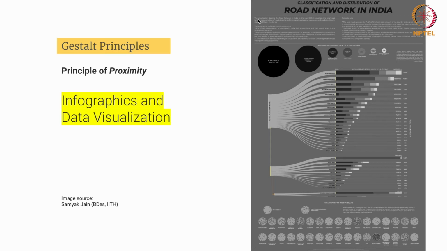Here the title of this infographic and the overall brief about the information has been considered in the upper segment, and gradually this portion where you see the circles is a set of representation, so you will automatically group this in one segment. And this is again helping you to address how we perceive in terms of proximity.